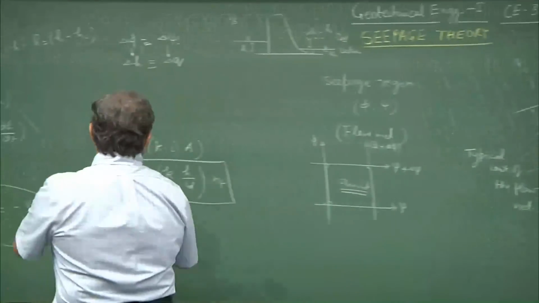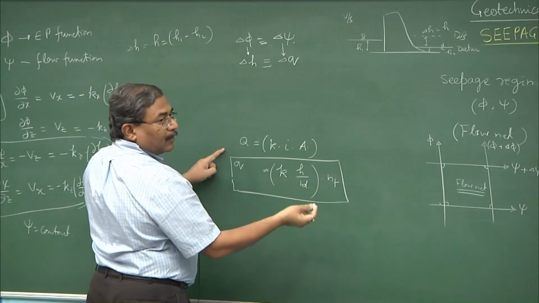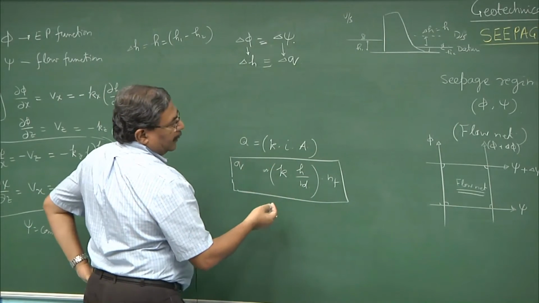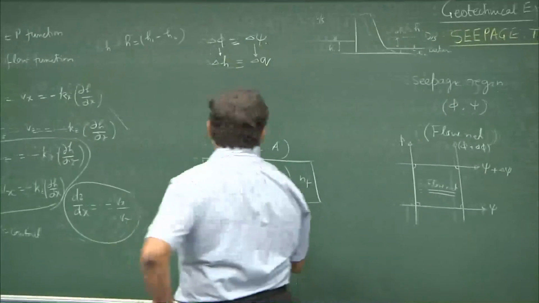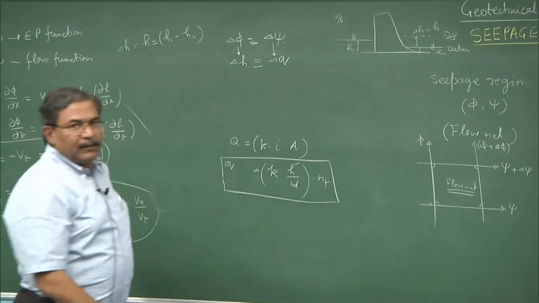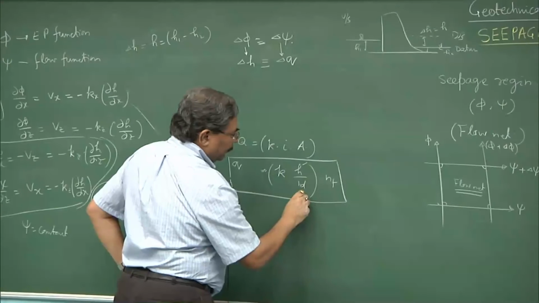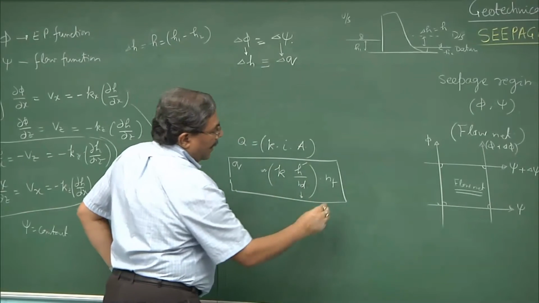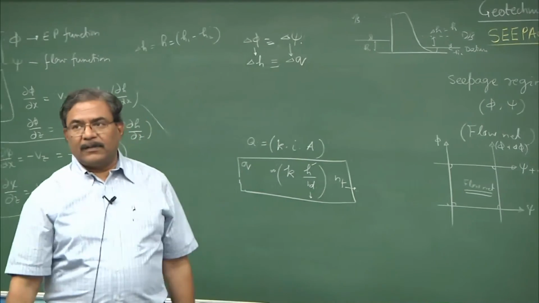So, basically if you use this function Q, which is the total discharge taking place through a system, what I have to do is, I have to plot the flow nets, I have to compute what is H which is causing flow to occur, I should be knowing what are the number of drops of the potential which are occurring and what are the number of flow channels.